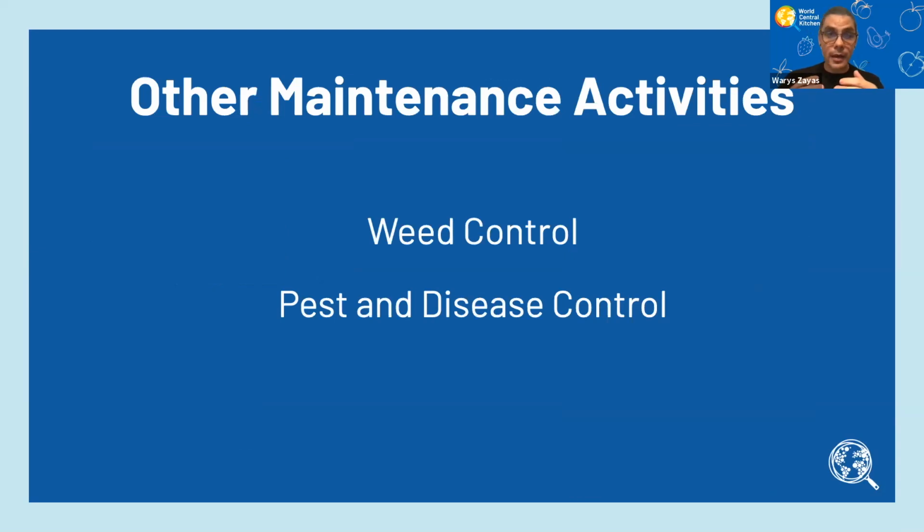Other maintenance activities that you need to keep in mind when you are planning your harvest are weed control and pest and disease control, because the best way to deal with them is in a preventive way.